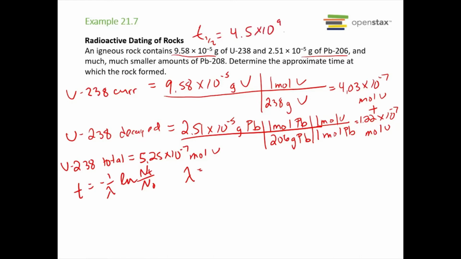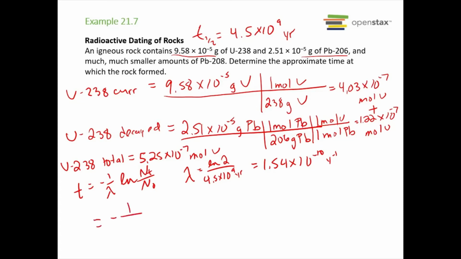That's something that was given to us in our book when we were talking about the different types of decay. So it's not something you have to figure out. So then our lambda is equal to the natural log of 2 divided by 4.5 times 10 to the 9th years. And this gives us 1.54 times 10 to the negative 10th inverse years.